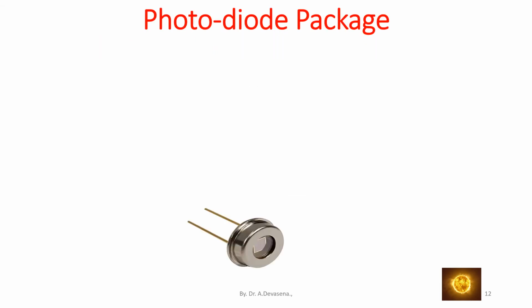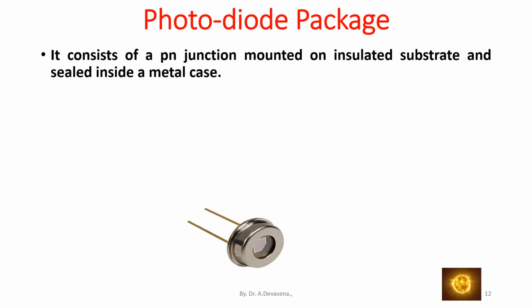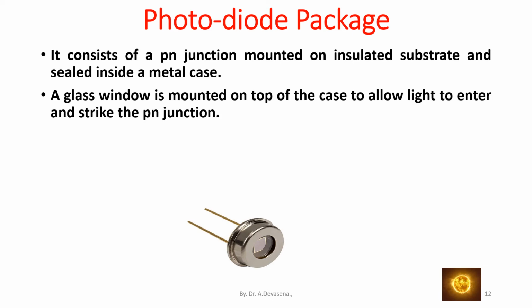Photodiode package is shown here. Here is a representation of the commercial photodiode. It consists of a p-n junction mounted on insulated substrate and sealed inside a metal case. A glass window is mounted on top of the case to allow light to enter and strike the PN junction.